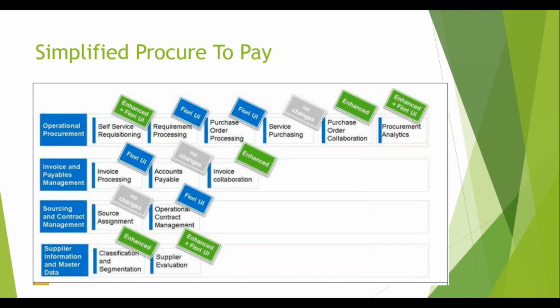The third option is that they don't know whether the material is created or not, so they just enter the text. For example, if I am a new user who joined the company and I want a laptop, and this material is not available in SAP, they will just write in the text screen that I am creating this requisition for a laptop. So this is what is available in our standard SAP ERP.